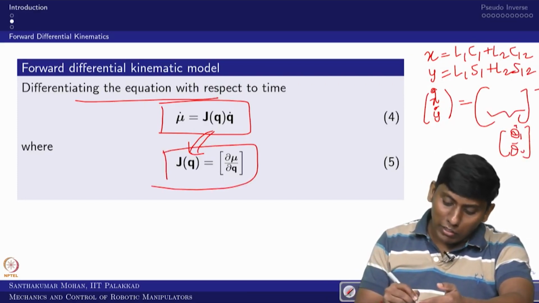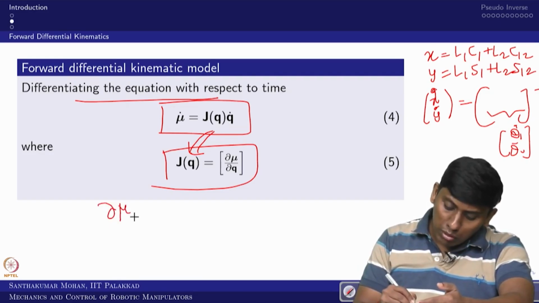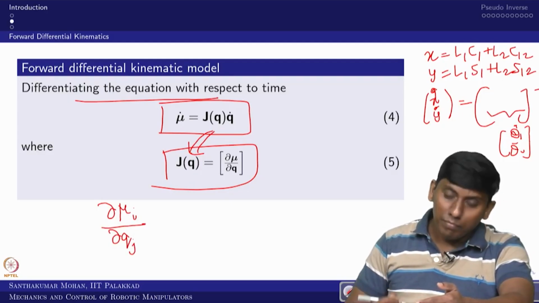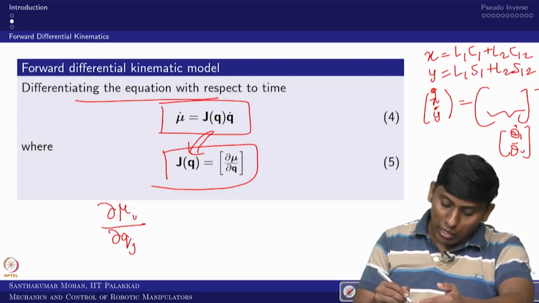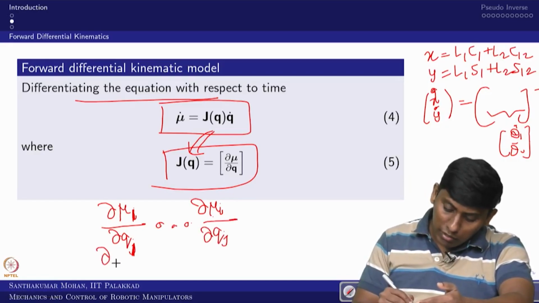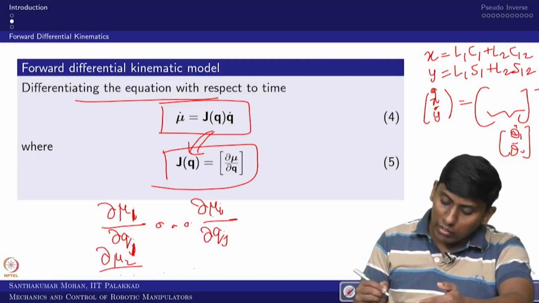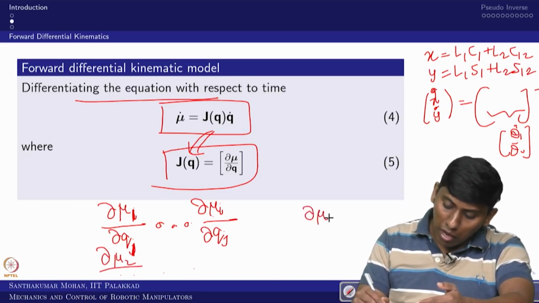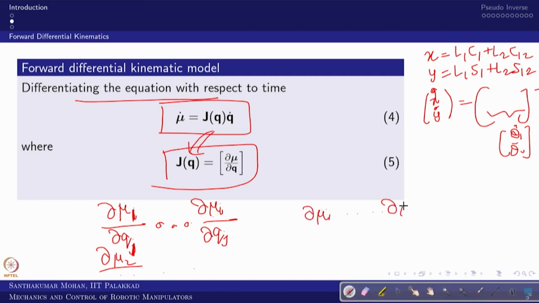How can you write a partial differentiation? You can write ∂μ_i divided by ∂q_j. So the first row is ∂μ1 by ∂q1 up to ∂q_j, the second row is ∂μ2 and so on, and the final one is ∂μ_n by ∂q1 to ∂q_m.